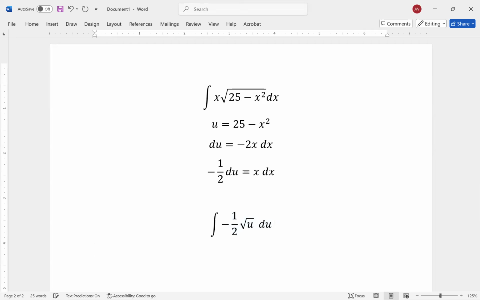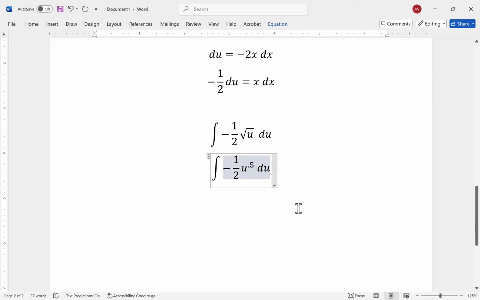And then I'm going to write the square root a little bit differently. I'll write that as u to the 0.5 power, or 1/2 power.